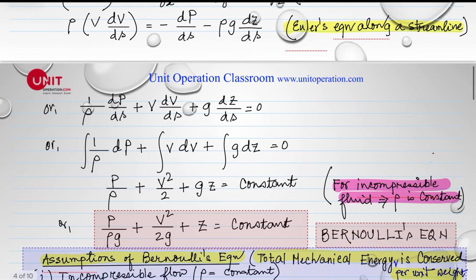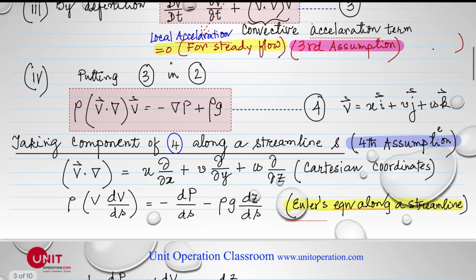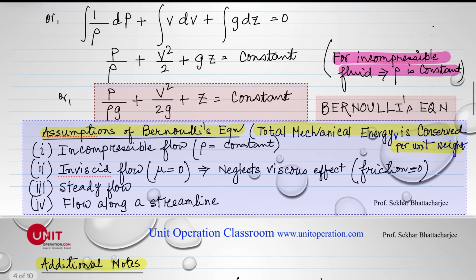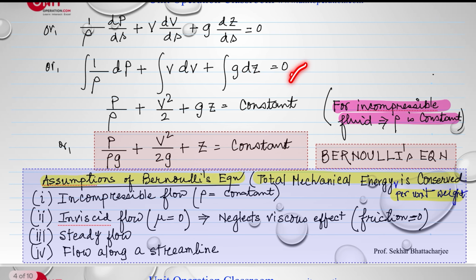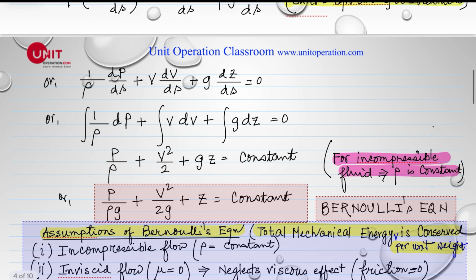And the third assumption is a steady flow, which we did right here, where the local acceleration term is 0, and we have done the integration along the streamline. So these are the assumptions involved in Bernoulli's equation. So it basically says that the total mechanical energy per unit weight is conserved. Along the streamline, if you take point 1 and 2, the total mechanical energy here must be equal to total mechanical energy here.